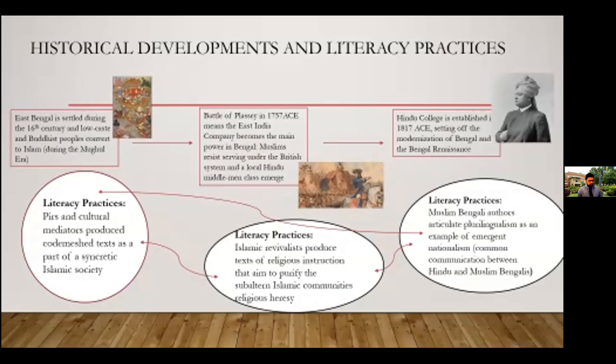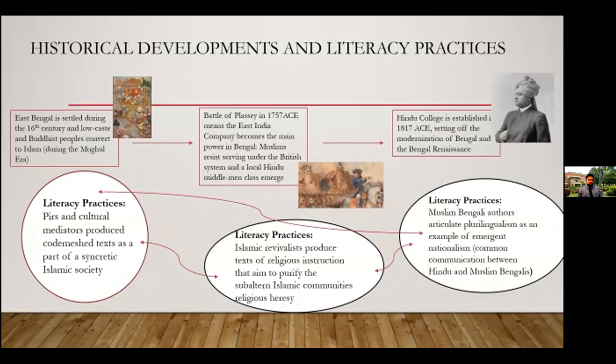So the areas we identify as the Muslim parts of Bengal were actually very recent areas of human settlement.